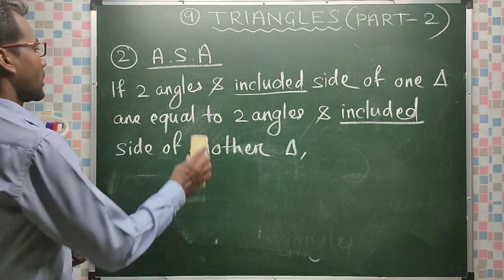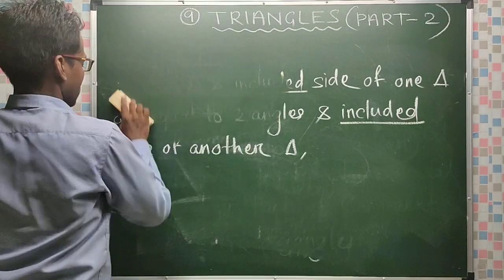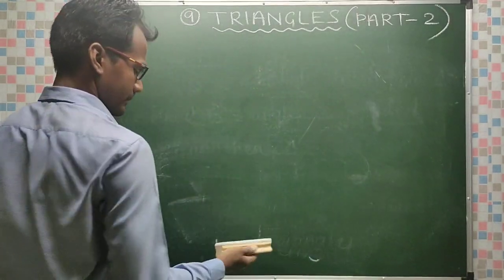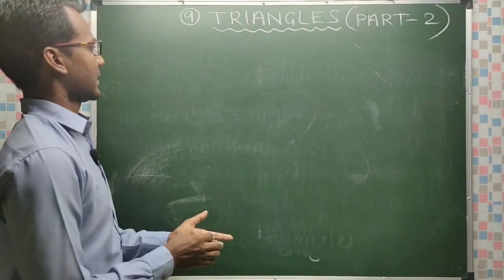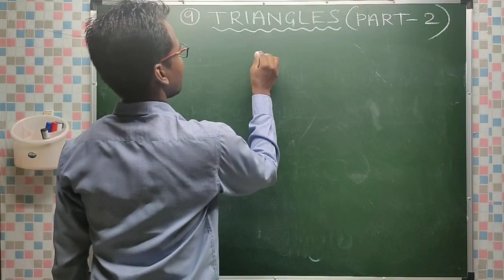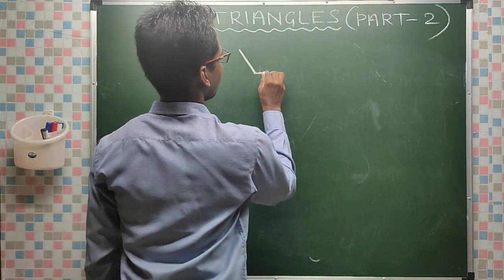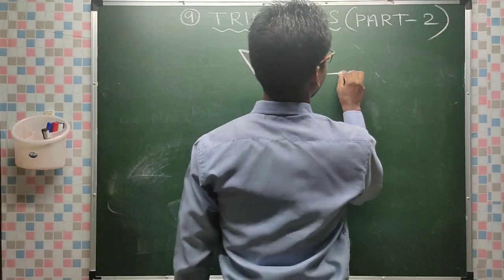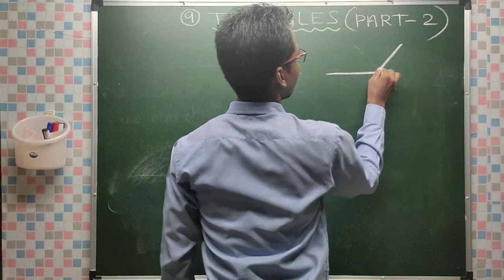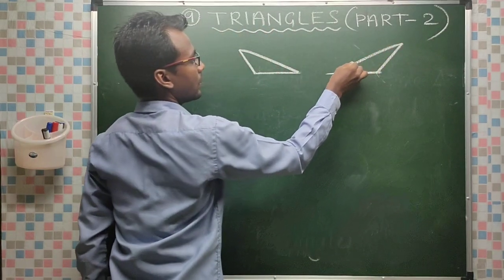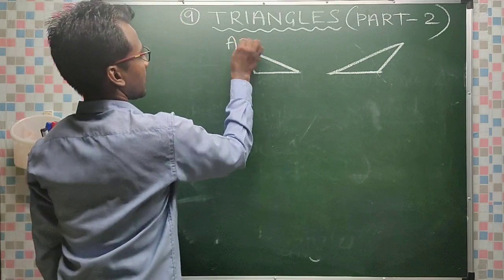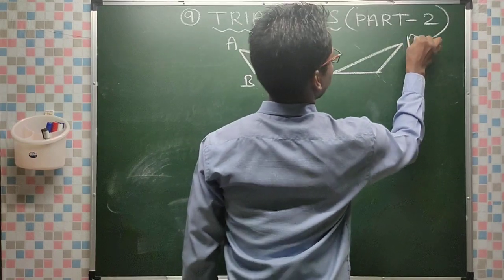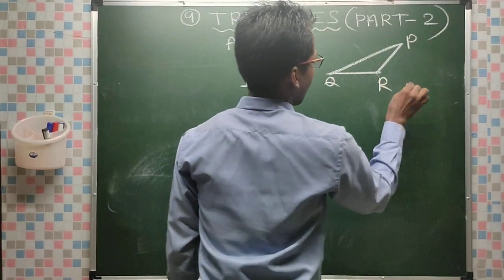Let us take two triangles. Suppose this is ABC and this is PQR.